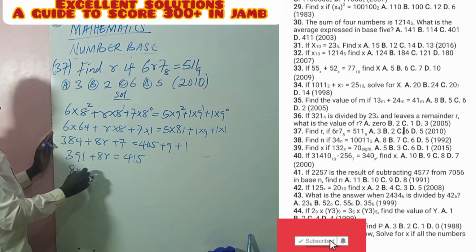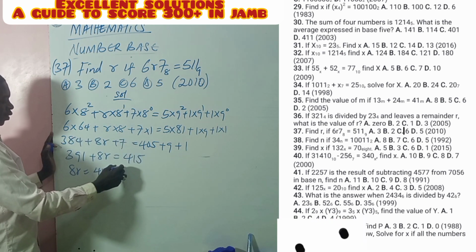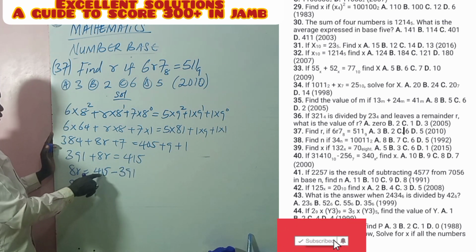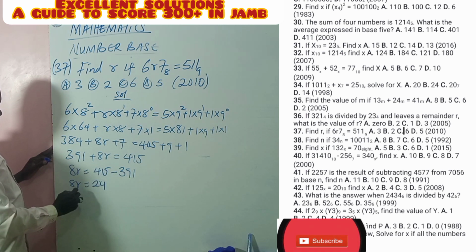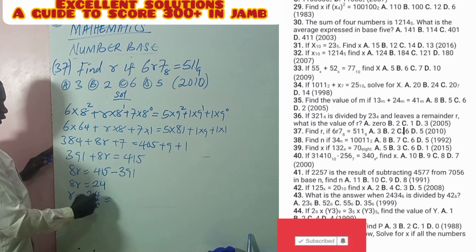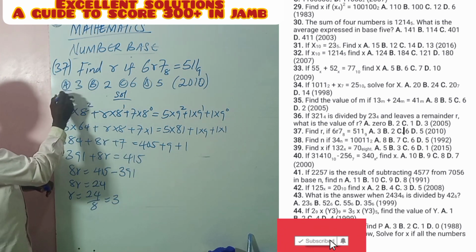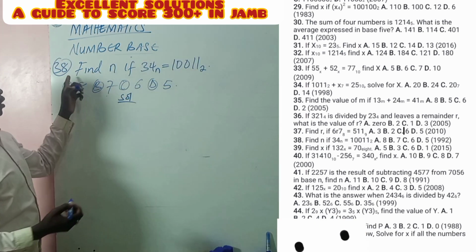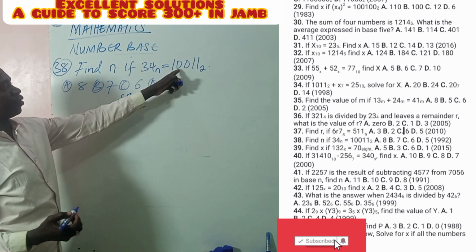So 8r equals 415. When 391 crosses over, it becomes minus 391. So 8r is now equal to 415 minus 391, we have 24. So r is the same as 24 divided by 8, we have 3. If we look at our options, in option A we have 3. The answer is A.